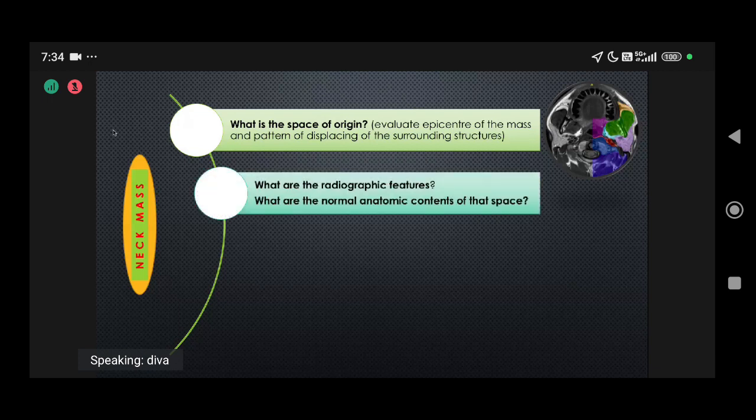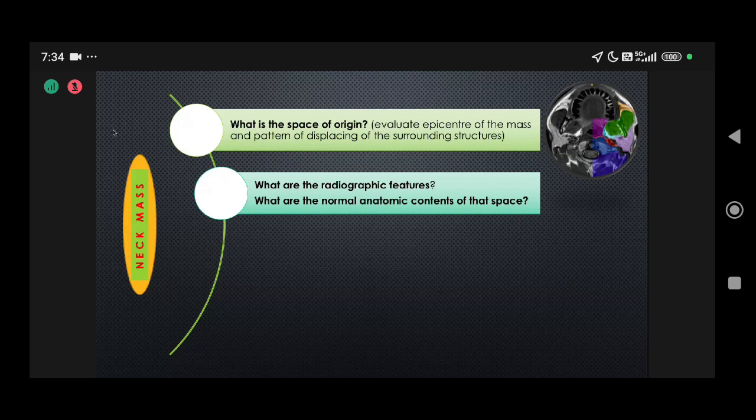Then after knowing the space of the origin of that particular mass, the second question comes, what are the radiographic features of that mass lesion? And what are the normal anatomic contents which are seen in that particular space? That is most important.